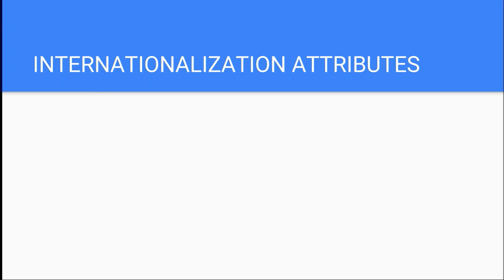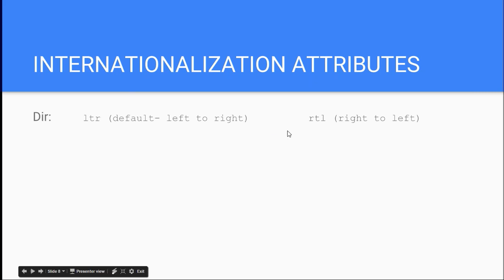And the next set of attributes are internationalization attributes. So what are these? It's dir. This attribute tells us how to align the text. Basically, the default form of aligning the text is from left to right, but we can put the text from right to left also, because in the languages Hebrew and Arabic, they write from right side to the left side.